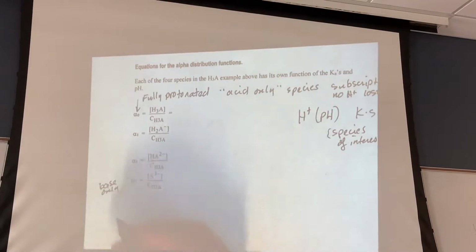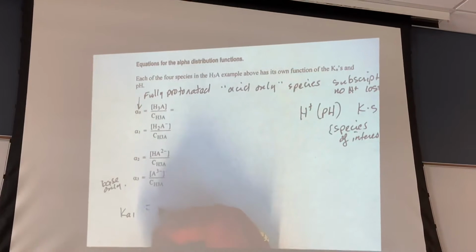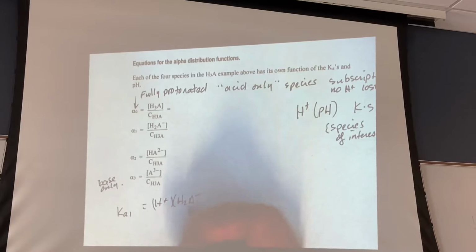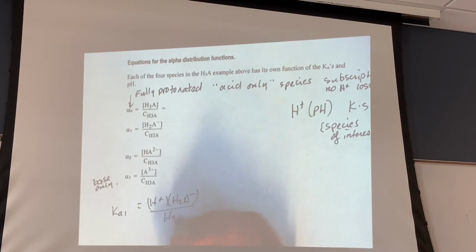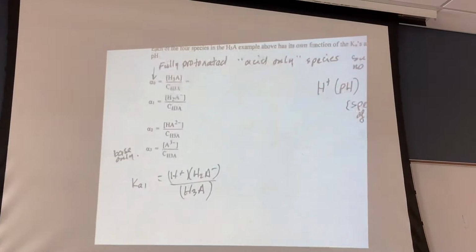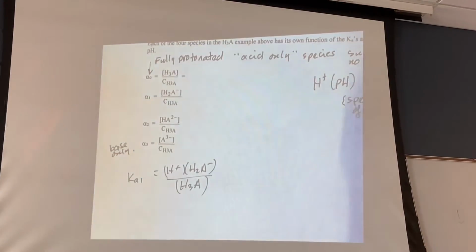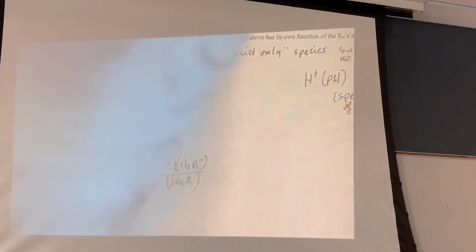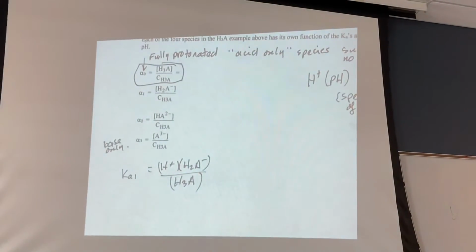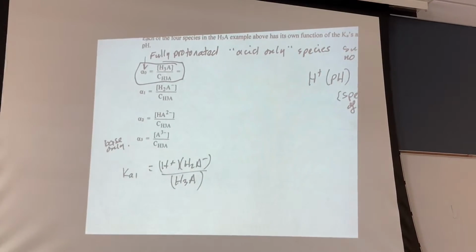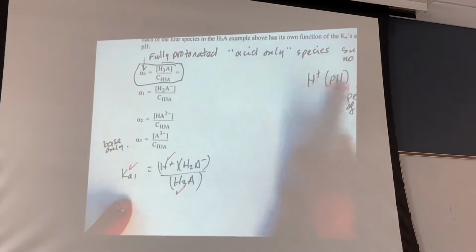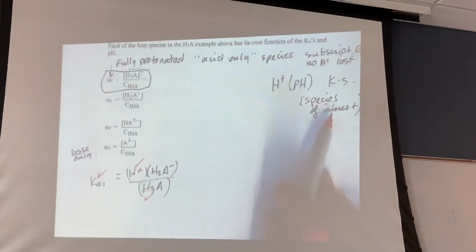So from the Ks, Ka1 is equal to H plus times H2A minus over H3A. So there's my Ka1 statement. I am going to solve this for this one, and then the others are analogous. I could keep this, this, and this, because that's what I said I was going to keep over here.